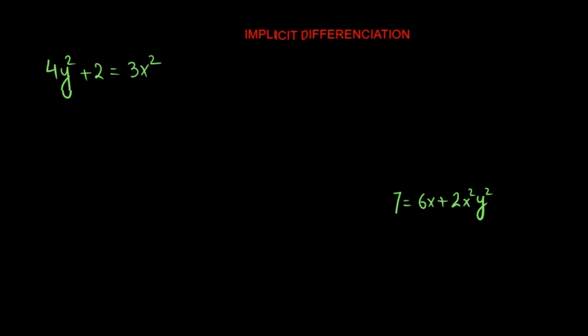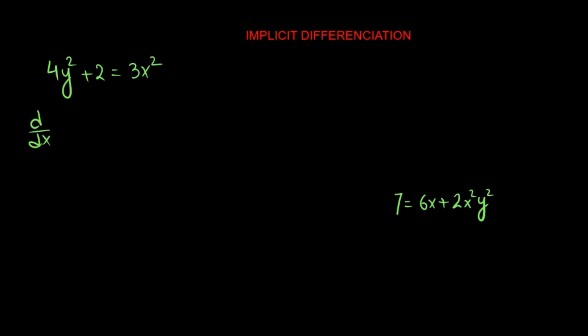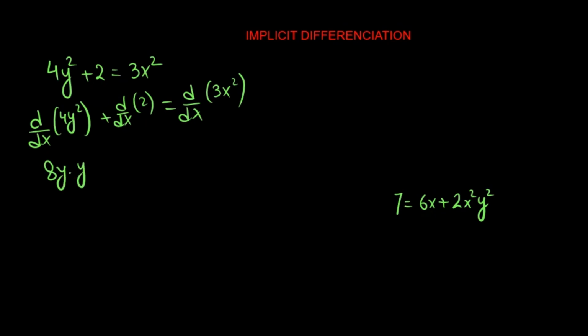In the next example, we follow the same steps. You do the differentiation on the left, and this is 2, and then equal to the differentiation on the right. This becomes 8y times y prime plus 0 equals 6x.